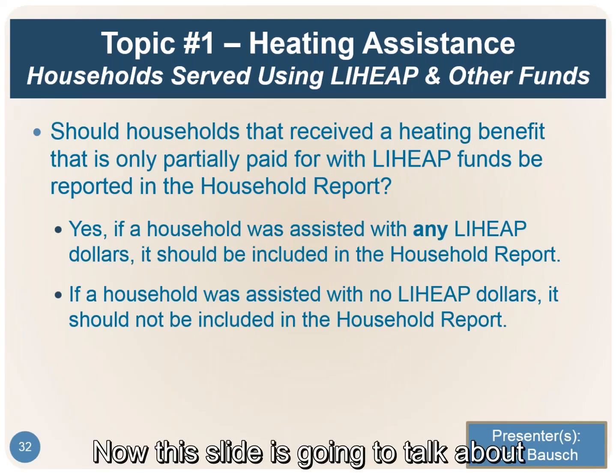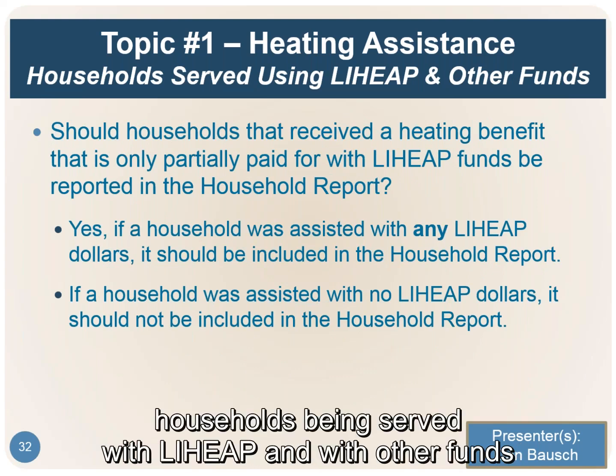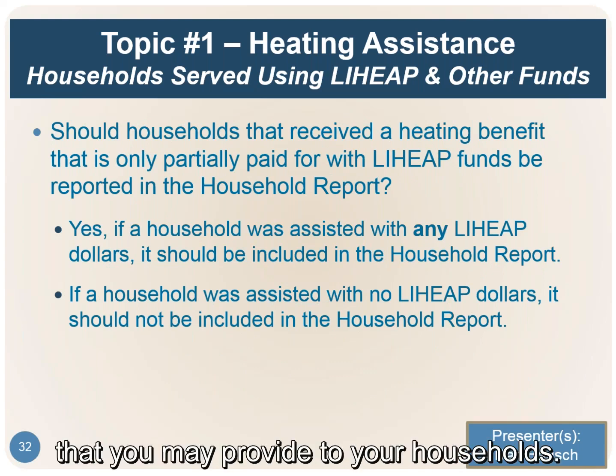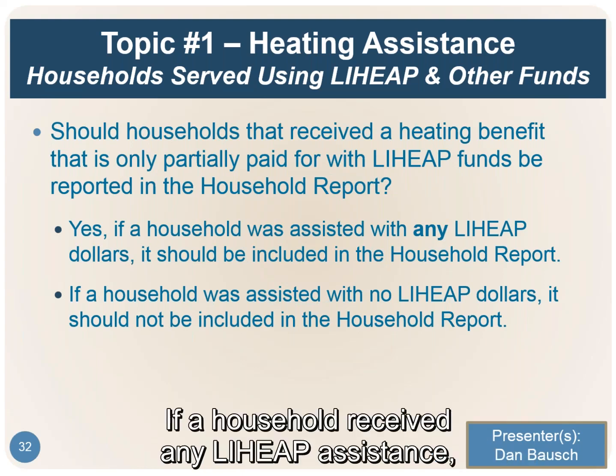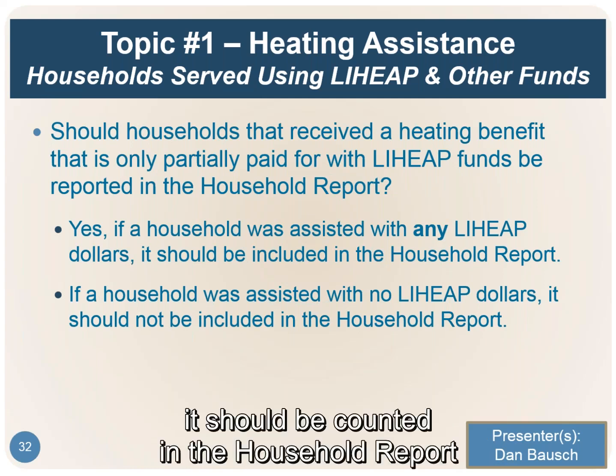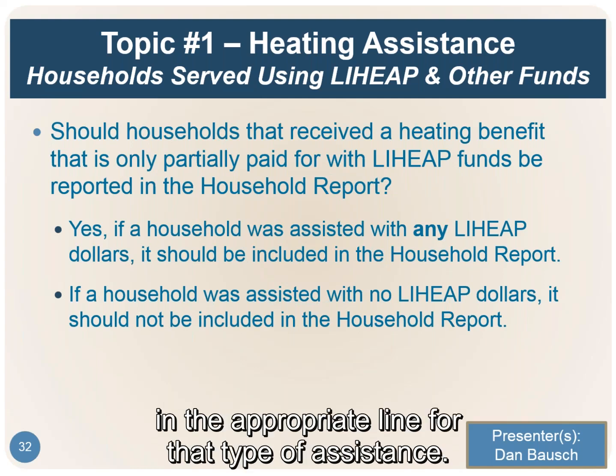Now this slide's going to talk about households being served with LIHEAP and with other funds that you may provide to your households. If a household received any LIHEAP assistance, it should be counted in the household report in the appropriate line for that type of assistance.